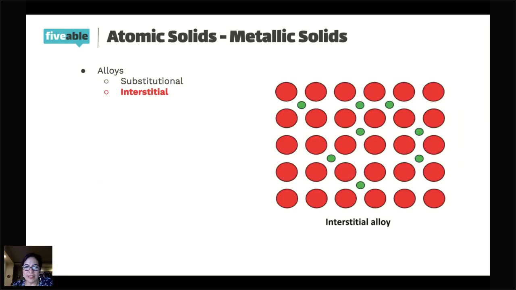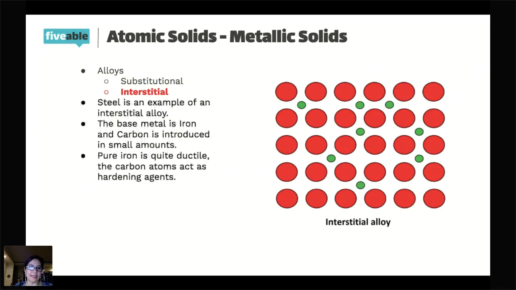Okay, interstitial, as I mentioned, is where we introduce atoms of another metal, or other things, that fill the gaps. For example, steel is an interstitial alloy, and the base metal is iron, so iron will be represented by the red spheres. And carbon is not a metal, as you know, it's a non-metal.